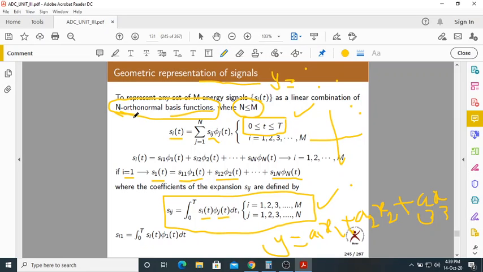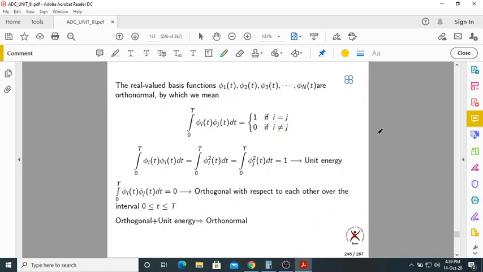So how should the basis functions be? Orthonormal. I will tell you what you mean by orthonormal. Here we are expressing anything as a linear combination of so many signals. Now the real valued basis functions are orthonormal. We want to represent S1 of t, S2 of t, and so on up to Sm of t as a linear combination of phi1 of t, phi2 of t, and so on up to phi n of t basis functions. Now the basis functions need to be orthonormal. What do you mean by orthonormal?